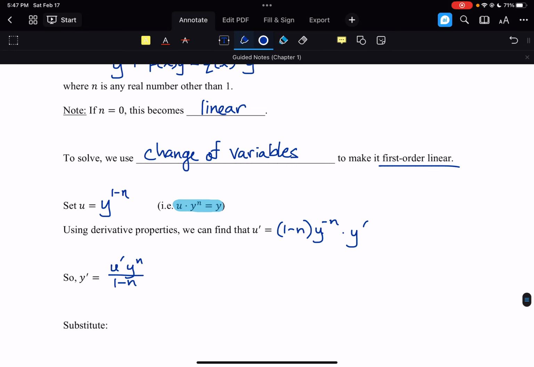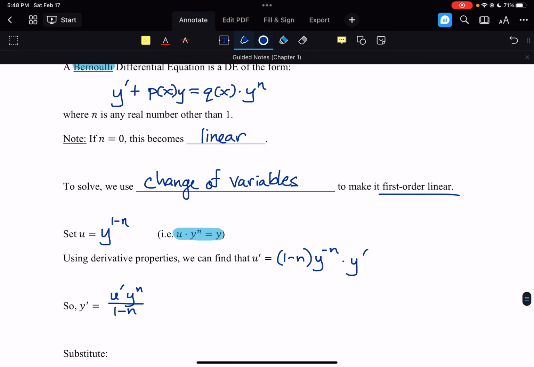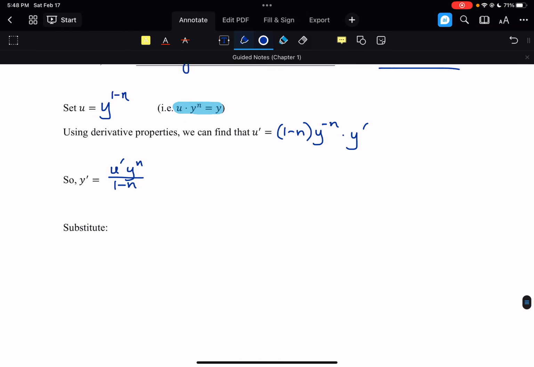Okay, so when we divide this under, we can move it and make it positive power up there on the top, divide the 1 minus n over here. Now we have some substitutions we can make, including the y prime. So we're going to take our Bernoulli differential equation and start substituting in these values.